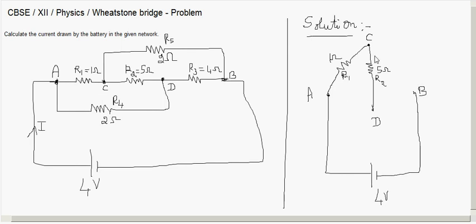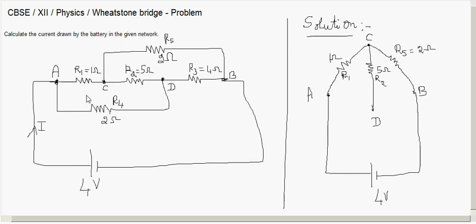And between C and B, what do we have? Between C and B, we have R5, which is equal to 2 ohm.